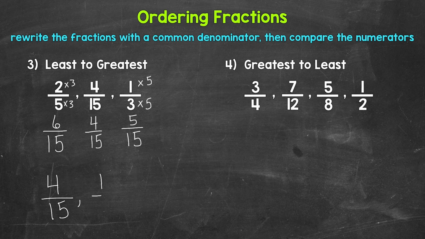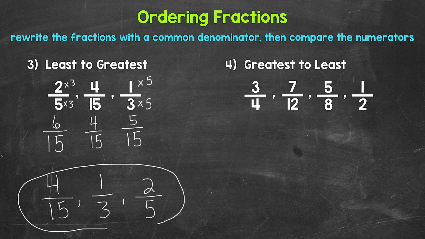So let's include 1/3 here. And then the greatest is 6/15, which the original fraction was 2/5. So let's include 2/5 here in our final list. And now we have our fractions in order from least to greatest. 4/15, 1/3, and then 2/5.